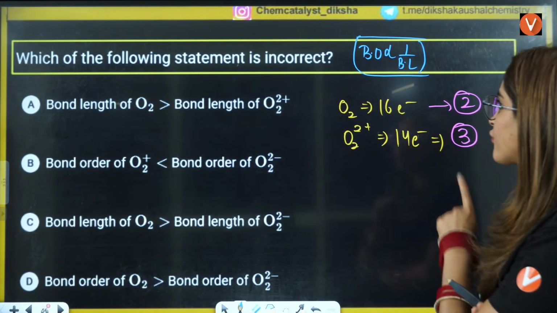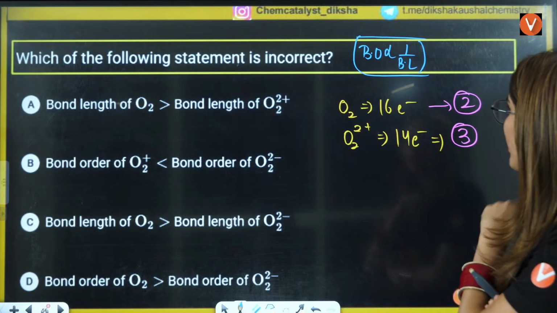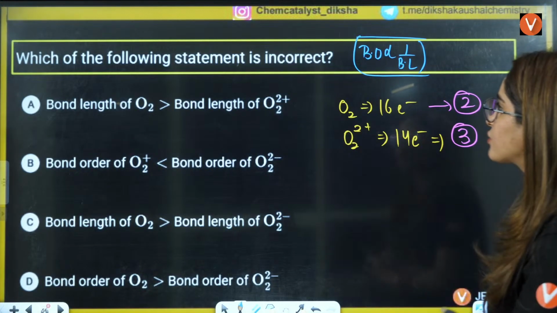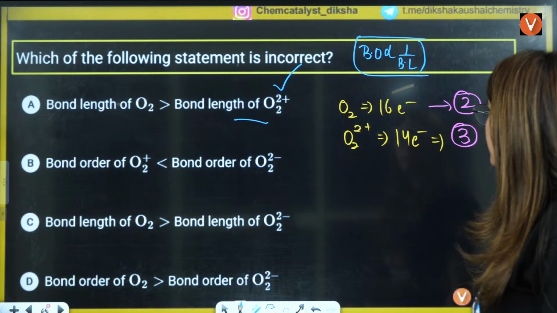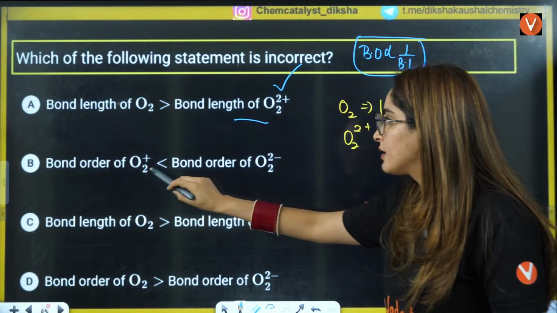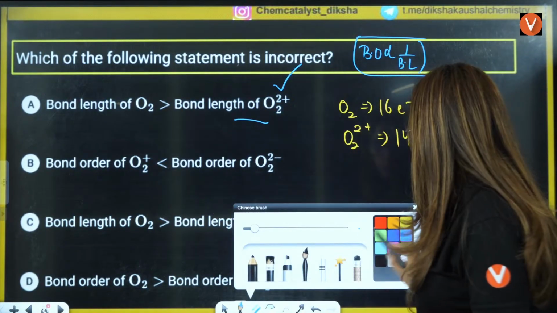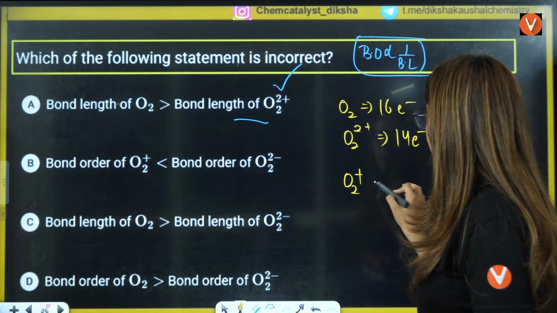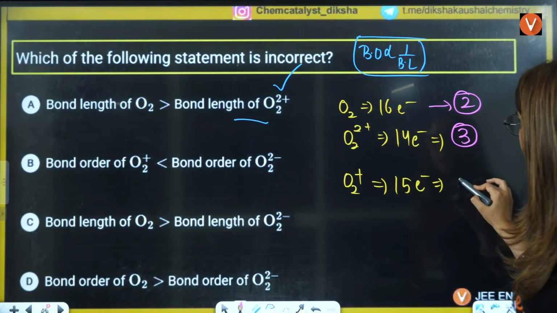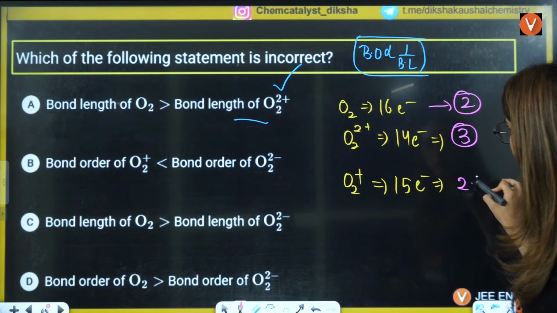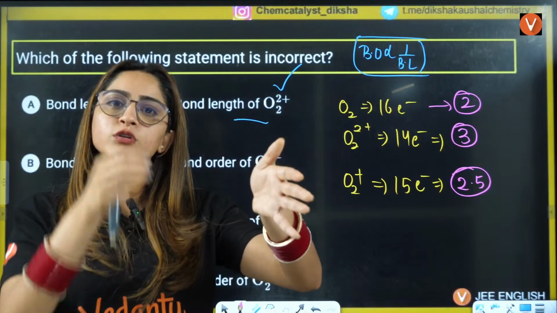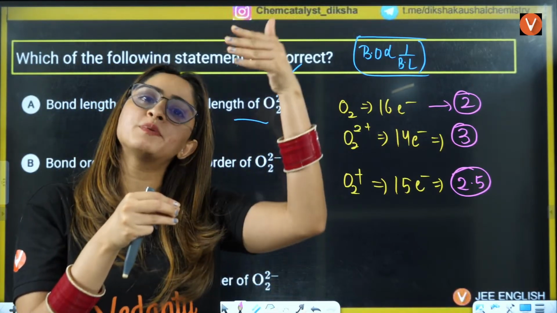So here we can see that from O2 to O2 2+, bond order is increasing, so bond length will decrease. That is the correct statement. O2 2+ has more bond order, so bond length will be less. What about O2+ and O2-? O2+ has 15 electrons. 15 means subtract 0.5, it will be 2.5 here. 14 is 3. If you go up, just subtract 0.5.